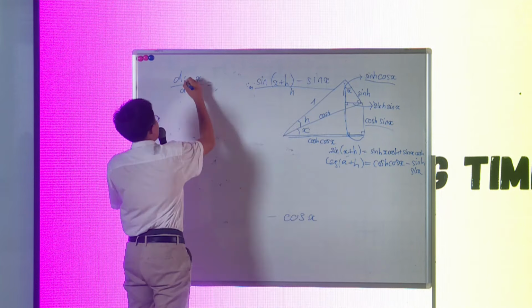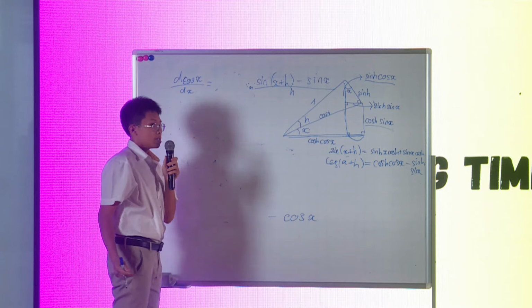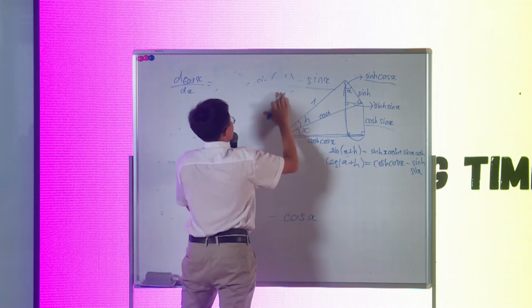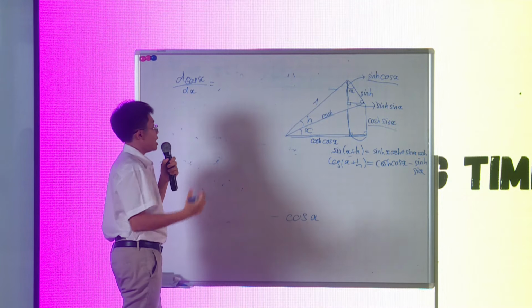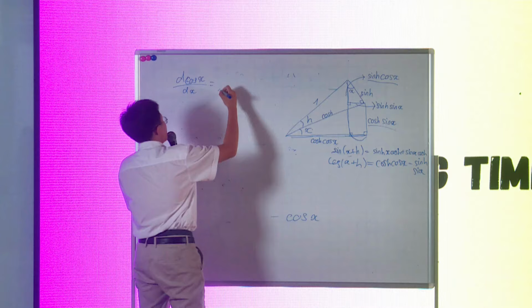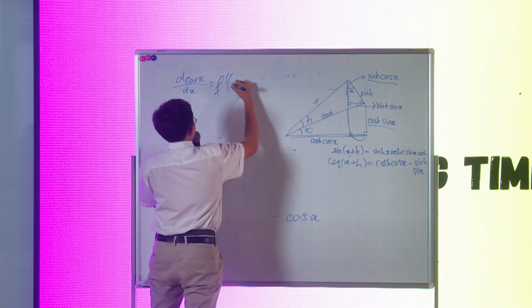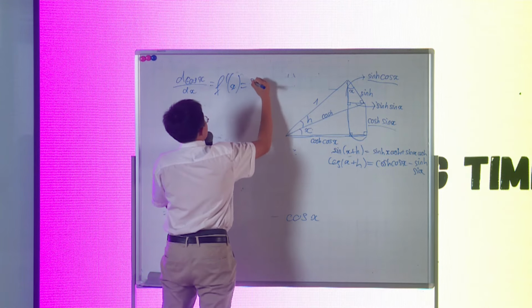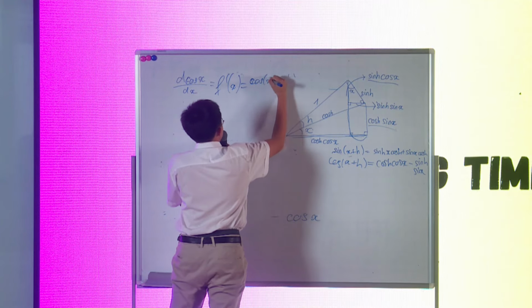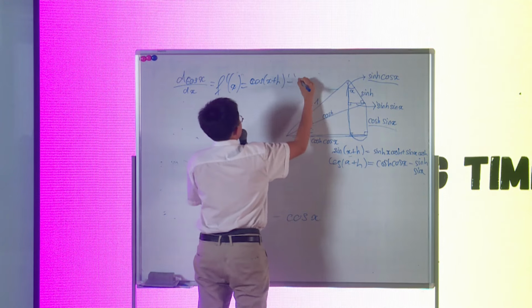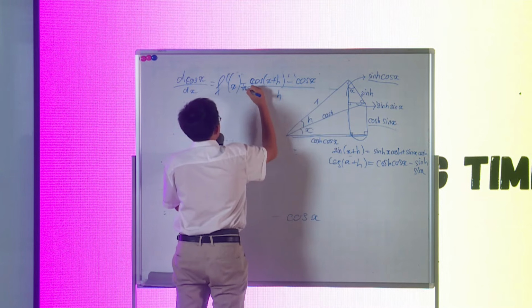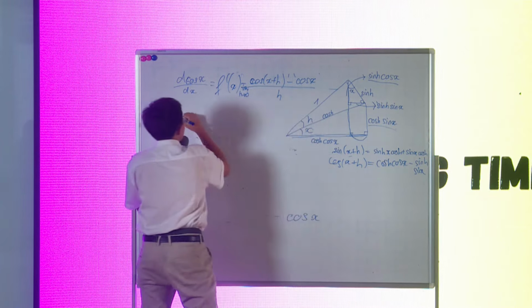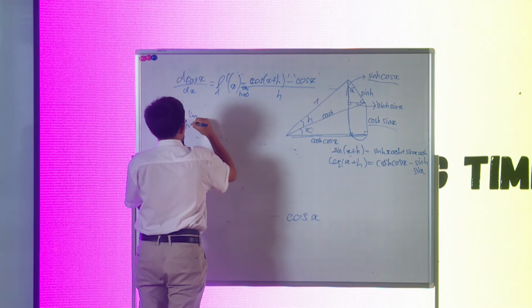Okay, so the derivative of cosine of x is similar to that of sine of x, but it has a little twist. It is also equal to the limit of h to 0 of cosine of x plus h minus cosine of x over h.